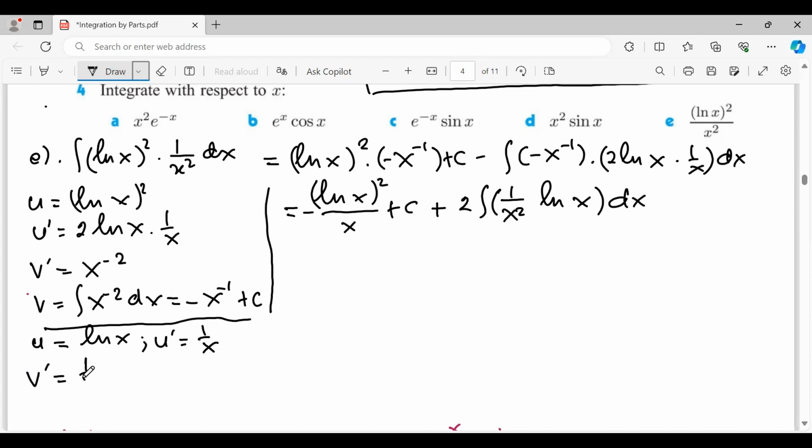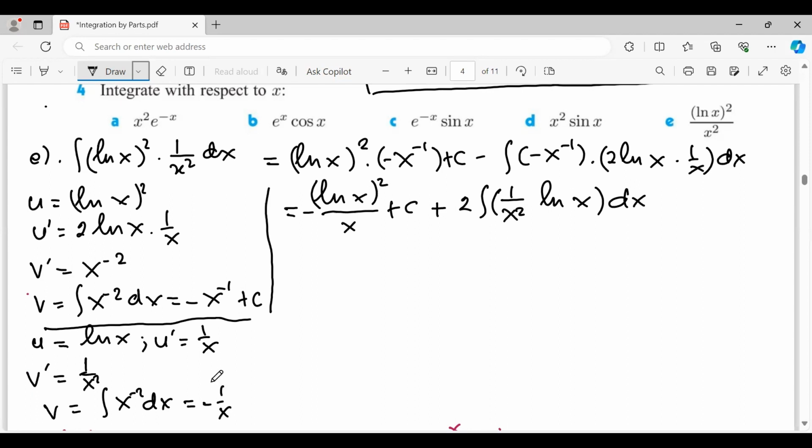So v equals plus 1, this plus 1 is negative 1, minus 1 over x.